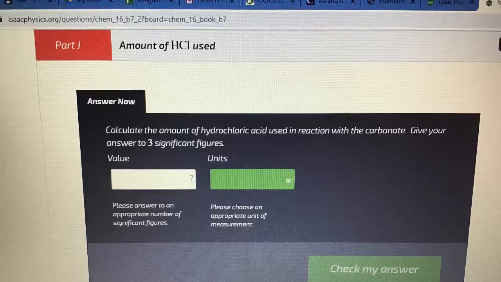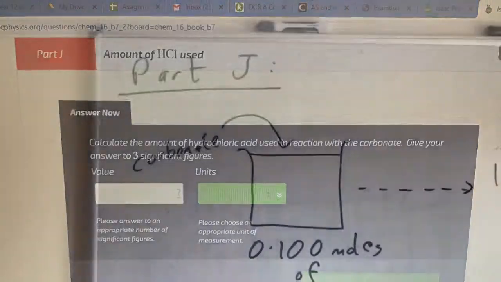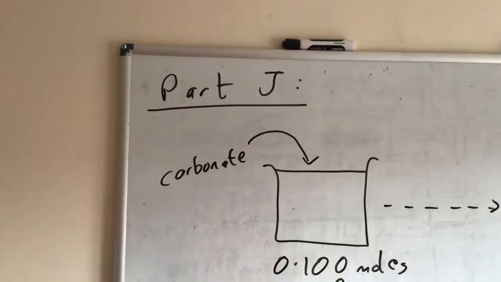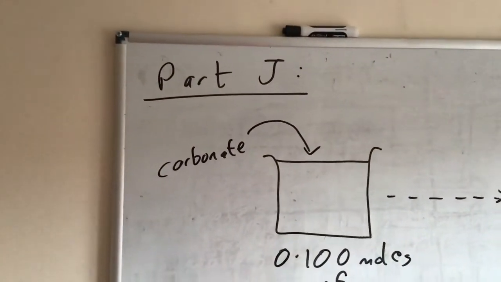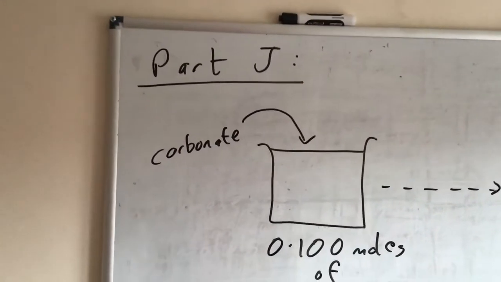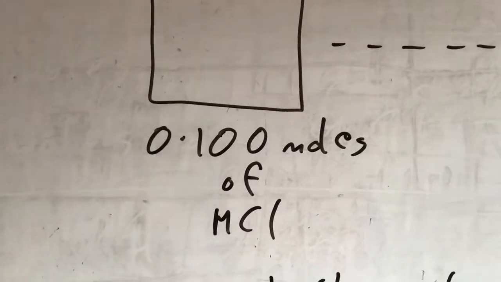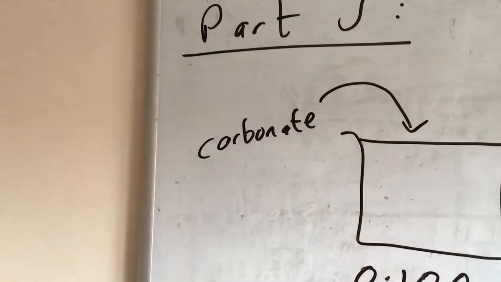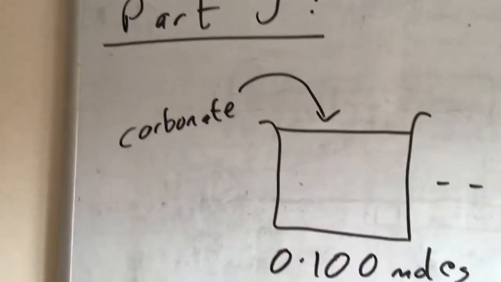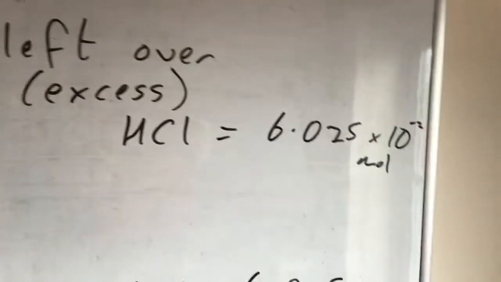So now we need to find out how much hydrochloric acid reacted with the carbonate. I think part J is the hardest bit of the titration, because you have to really think what you actually did. You started off with this many moles of HCl, and you added the carbonate that reacted with some of the HCl, and this much was left over.